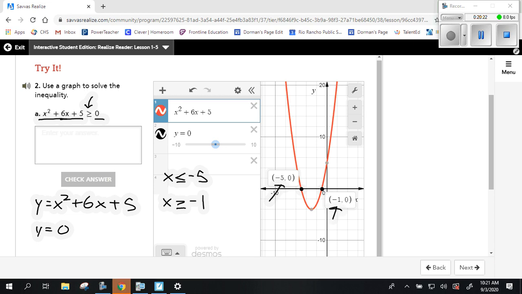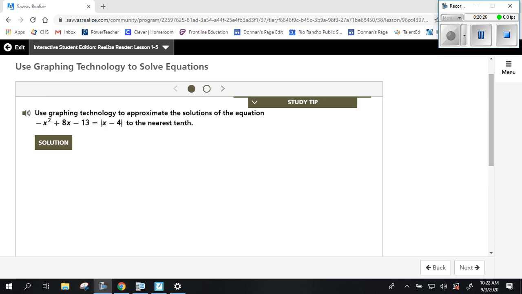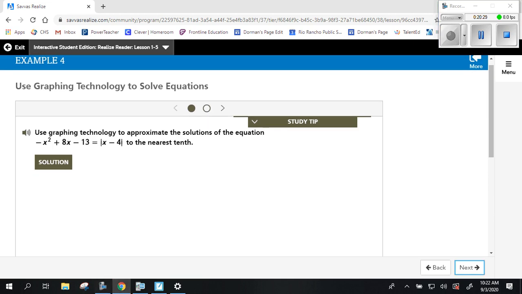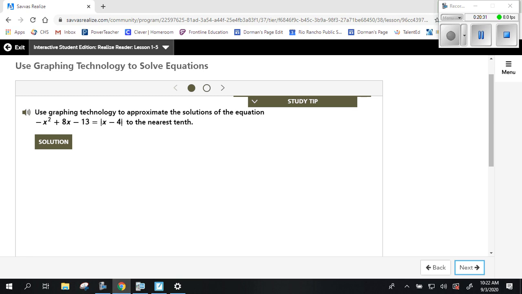Okay, so we're going to go right into example number 4. We're going to use graphing technology. In our previous examples, we had some really nice answers. We didn't wind up with any decimals or anything weird, which is really not the way real life works.